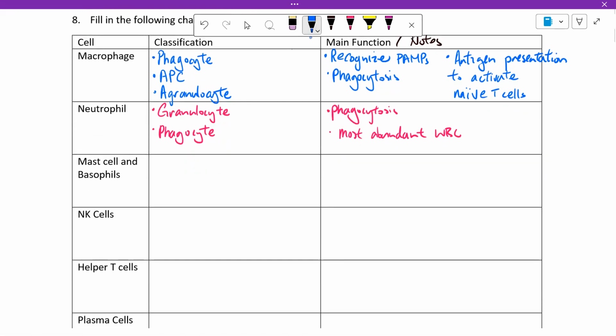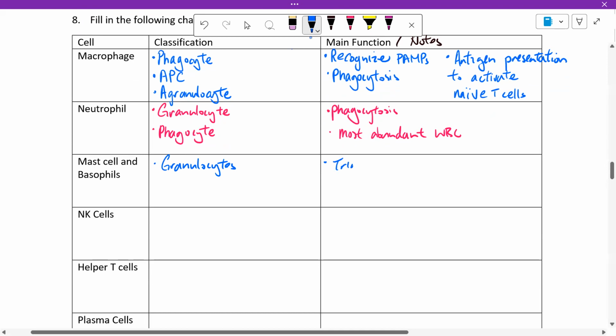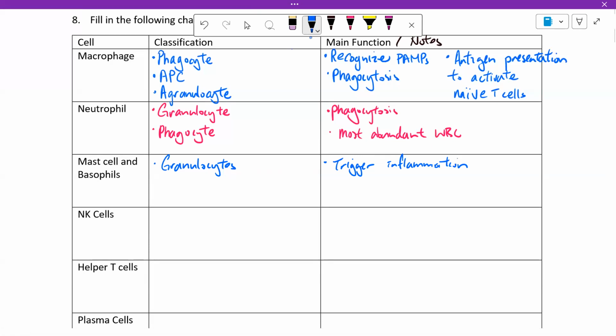Okay, mast cells and basophils, they are granulocytes. And they play a role in what process? Inflammation. Yeah, they trigger inflammation and release histamine.